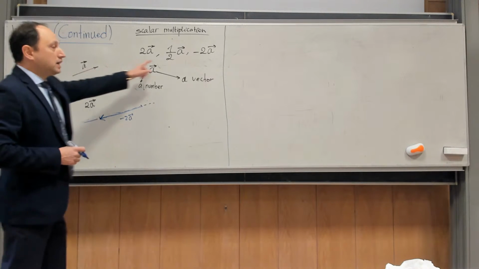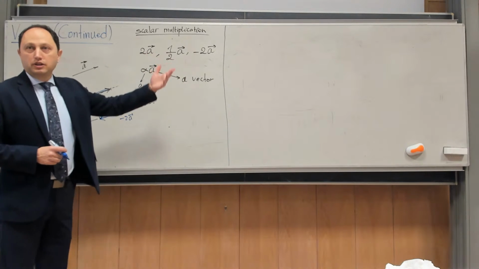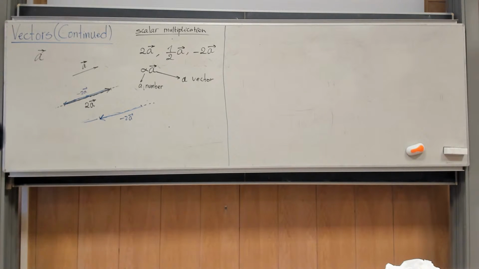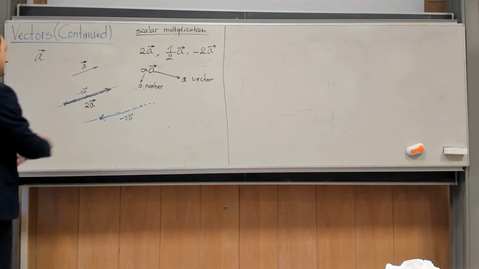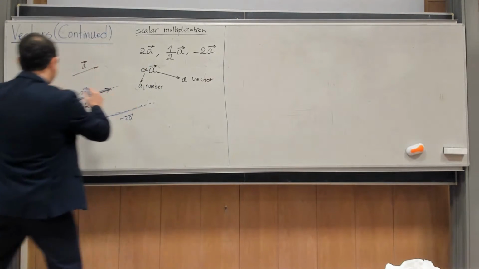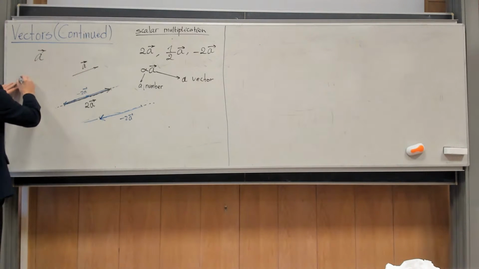But what about 1/2 of a? That's also clear. What should I do this time? Yes, Min? Draw a vector with half the length of a and the same direction. The same parallel, the same direction, but the length should be half, yes? So if this is my length, let me draw it from here. Let me make it close so that it is easier to draw.